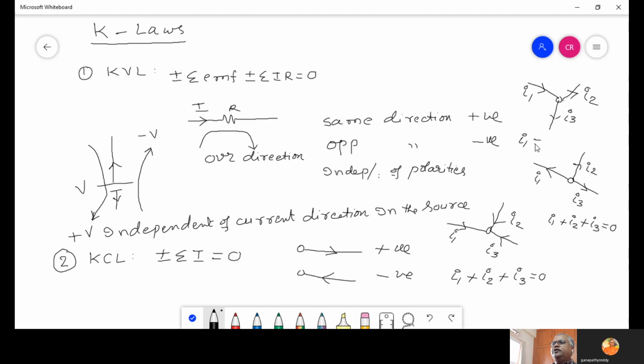Here we can write I1 is equal to I2 plus I3. So you have freedom in assuming current directions. That's why the sum of currents entering is 0, the sum of currents leaving is 0, or the sum of currents entering equals the sum of currents leaving. Whatever way you want, you can take it. So this is the sign convention, this is the statement. Kirchhoff current law, Kirchhoff voltage law.